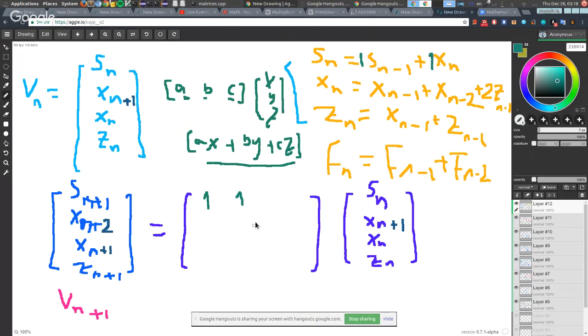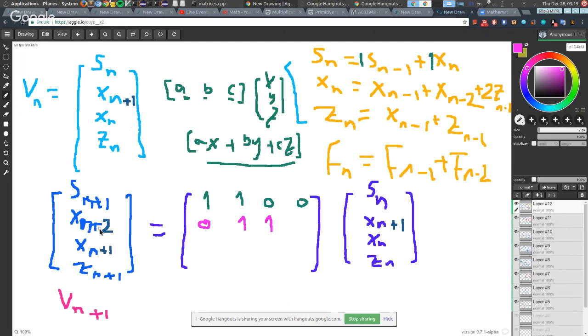The rest of the numbers have coefficient 0, because they don't exist in this equation. Then x(n+2) is basically x(n+1) plus x(n) plus 2z(n).